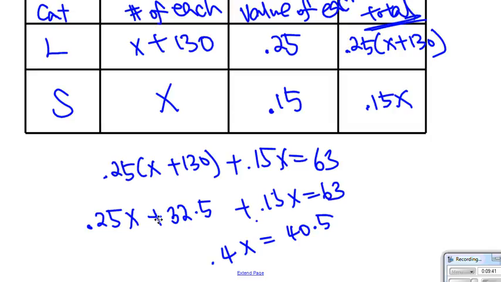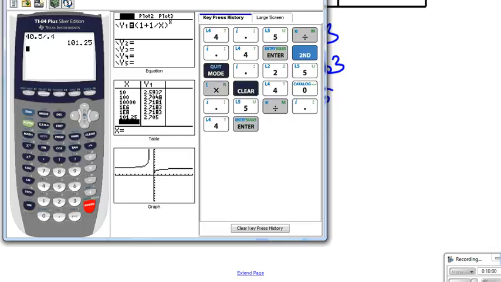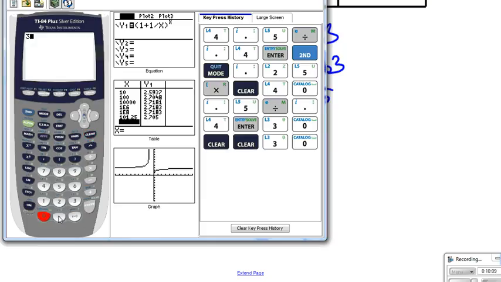Alright, so when you subtract 32.5 from each side, we will end up getting 30.5. Alright, then if you have to continue further, 30.5 divided by 0.4.